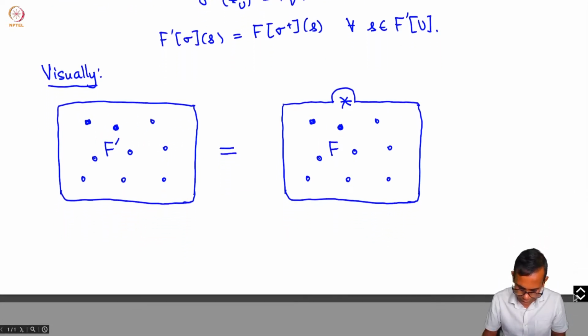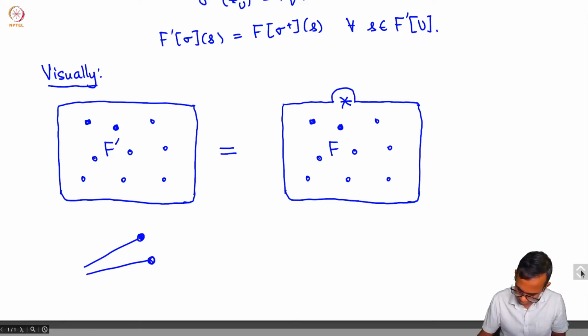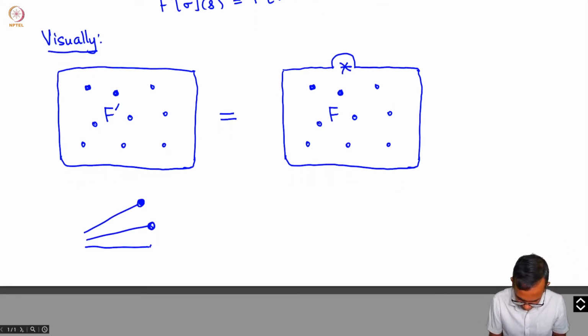Another visualization is the following. Suppose you have a set and you have an f prime structure on it.